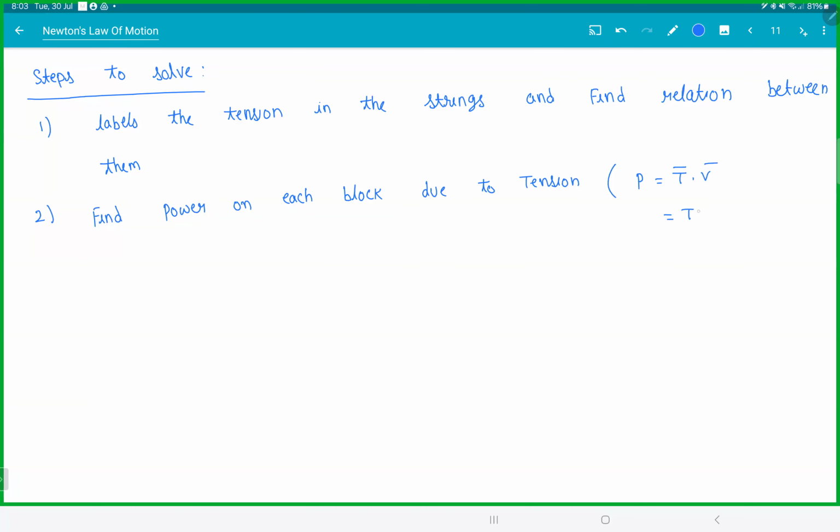You can write this as TV cos theta. You can also write this as T cos theta into V, where T cos theta is the component of tension along velocity. I'll show you examples so you get a better idea.